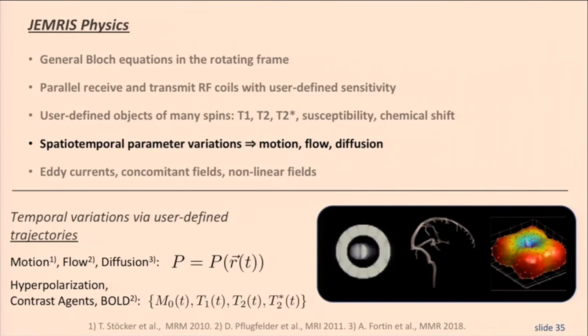Additionally, we may not just want to change the position of the object over time, but maybe also the relaxation times, for example to simulate contrast agents or to simulate BOLD, which would change T2 star in a localized way, away temporarily. So all that can be done, but that would be all variations coming from the object.